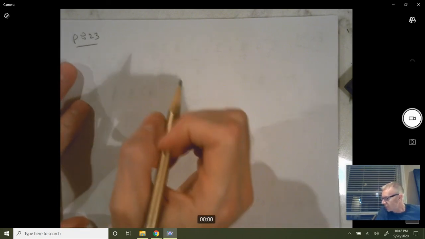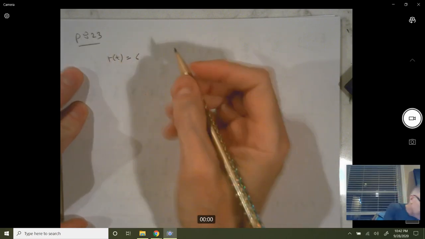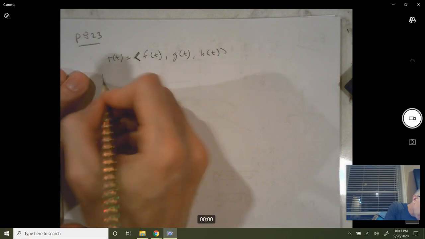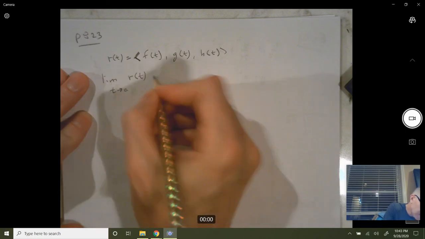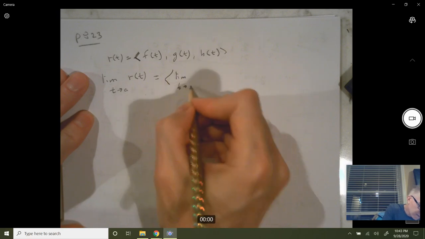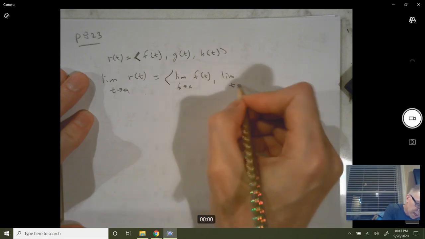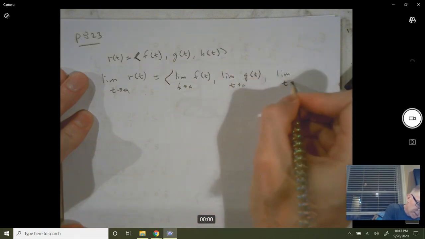So if R is a vector valued function such that R of t is equal to f of t, g of t, and h of t, then the limit of R of t as t approaches a is equal to, we just take 3 separate limits: the limit as t approaches a of f of t, the limit as t approaches a of g of t, and the limit as t approaches a of h of t.